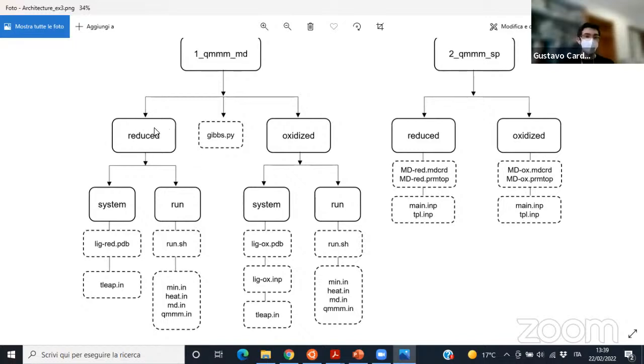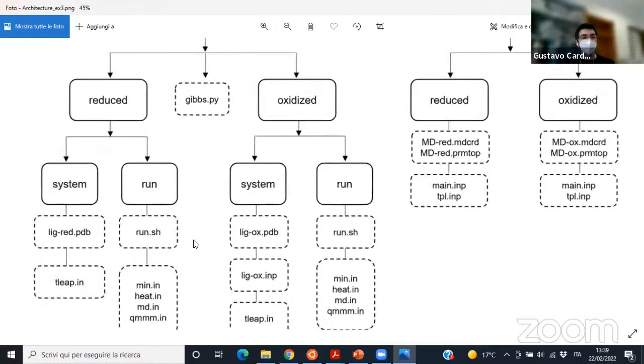Okay, so within the reduced folder, we will have the system and run. In the system folder, we will have the exact same structure that we worked with last week, and the input file for TLEAP to prepare the topology file and the initial coordinate file. The run is, of course, the MD simulations.